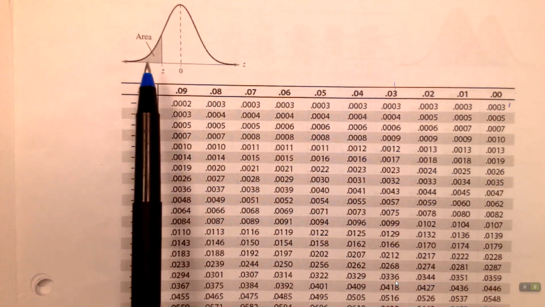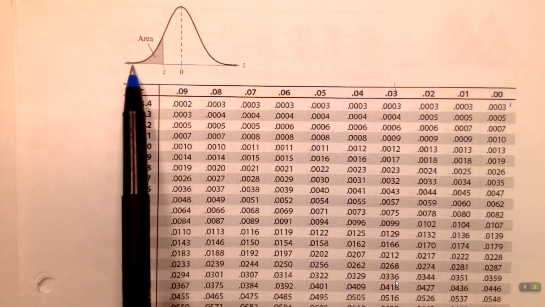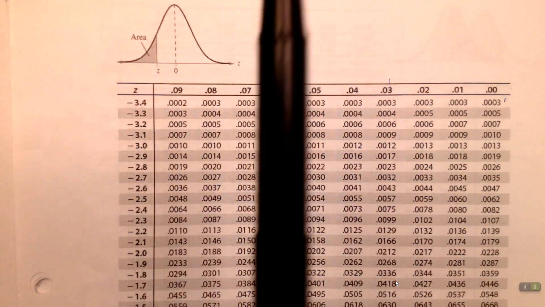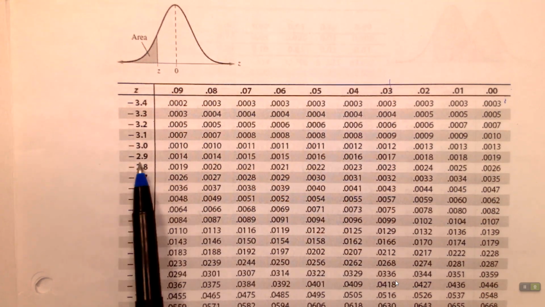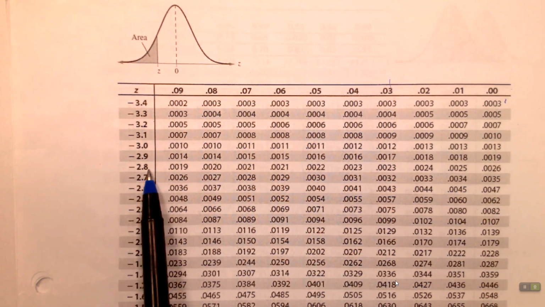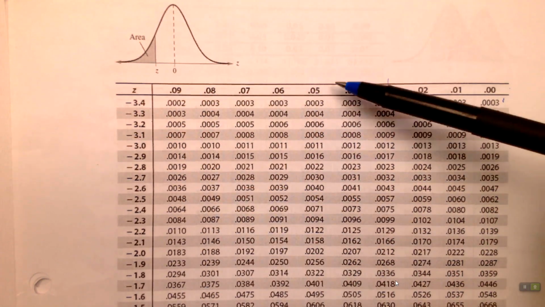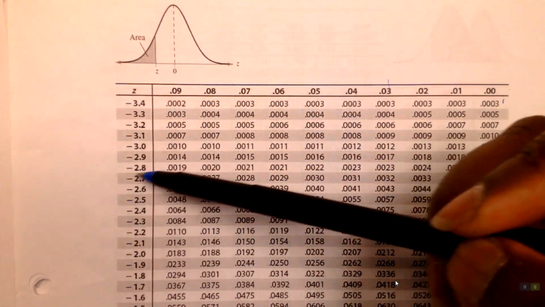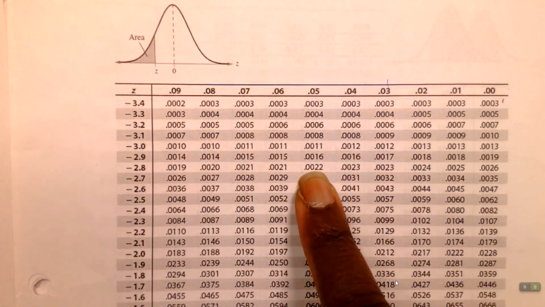And cumulative means we're starting from the left. Start from left to right, reading like a book. You're going to look to see what your whole digit and 10th is, and then line it up with your 100th digit. And that is going to be your probability or your area.